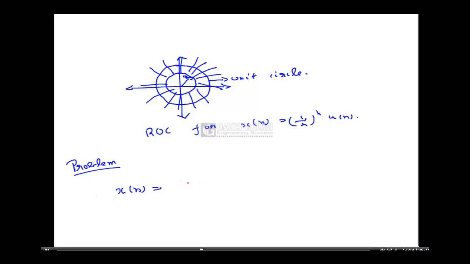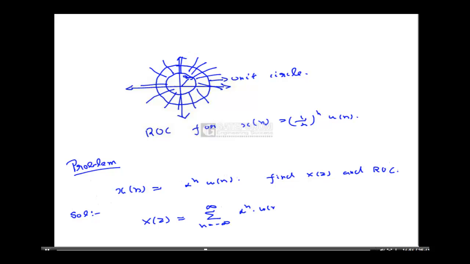This is a very general problem. x[n] equals alpha to the power n u[n]. Find X(z) and ROC. Solution. X(z) is the same as summation n tending to minus infinity to infinity alpha to the power n u[n] z to the power minus n.